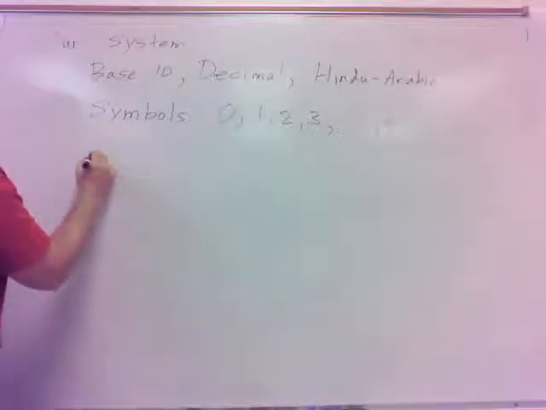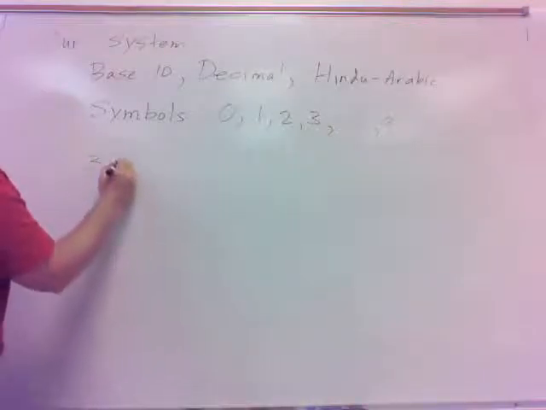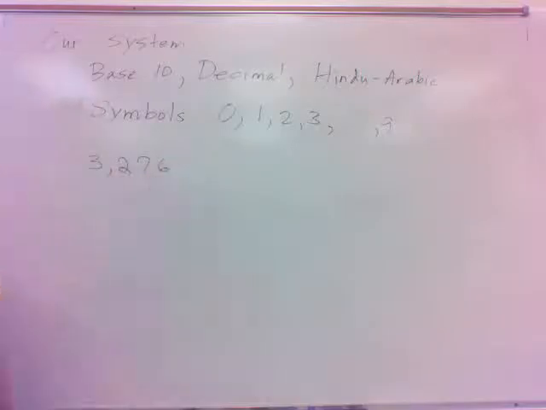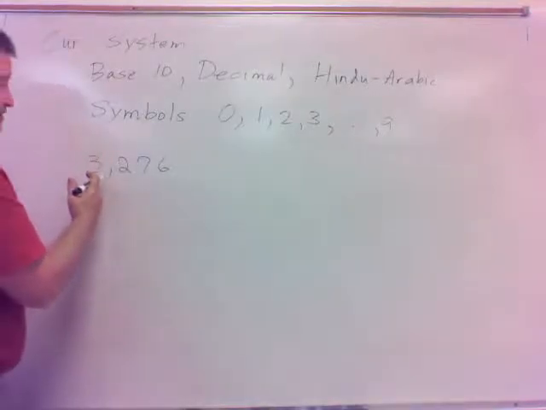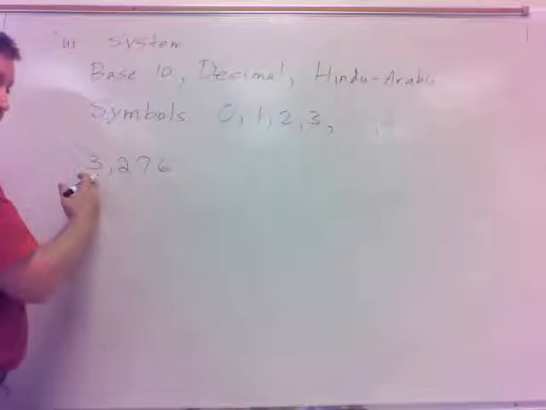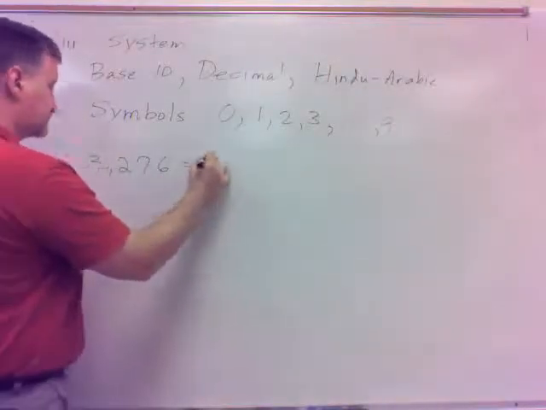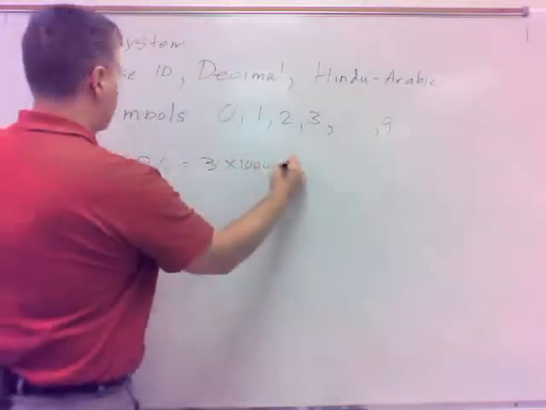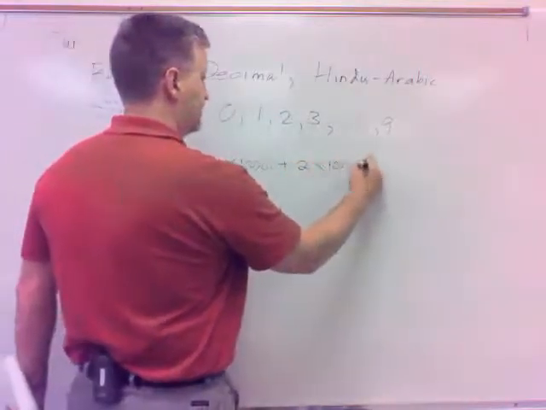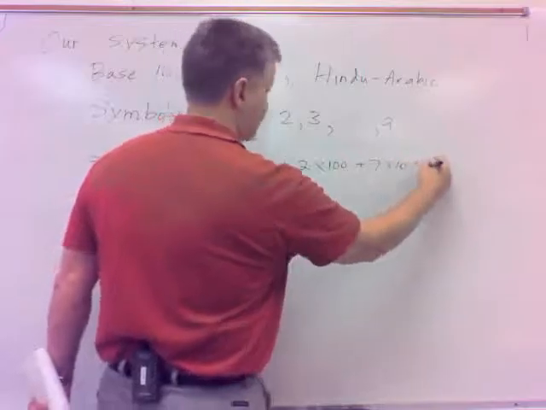Yeah, if I have 3,276, of course we know that means 3,276, but if we break it down into the parts here, the number this represents is determined by its position. This is in the thousands, this is in the hundreds. So this is 3 times 1,000, 2 times 100, 7 times 10, and officially I guess we could say 6 times 1.